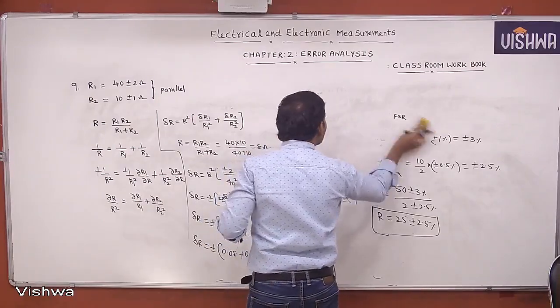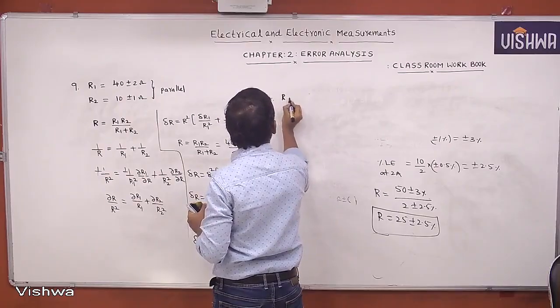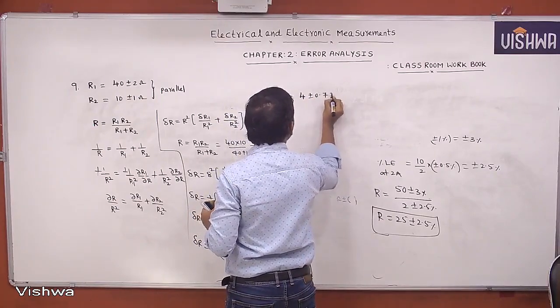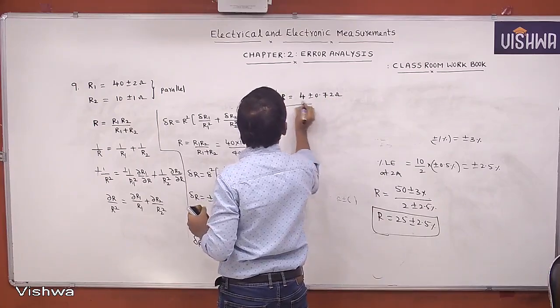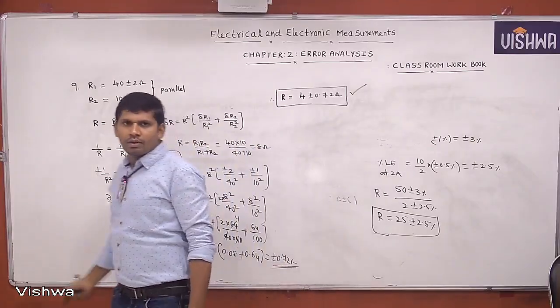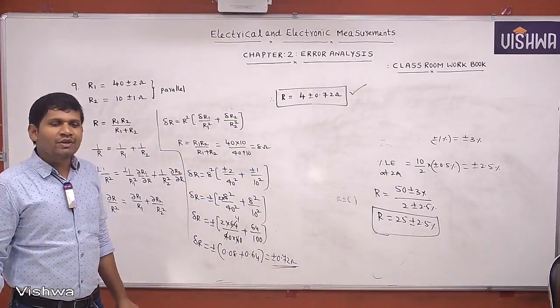Then you want to find the range of resistance measured. First you calculate the resultant resistance, you tell me. Therefore, the resultant resistance equals 4 plus or minus 0.72 ohms. This is the resultant resistance. But what is asked is that you also calculate the range of resistance measured.